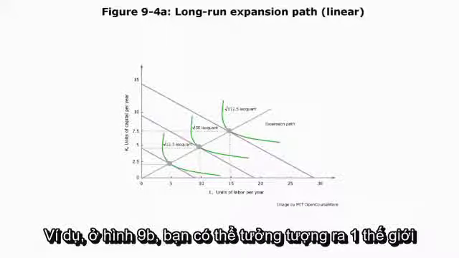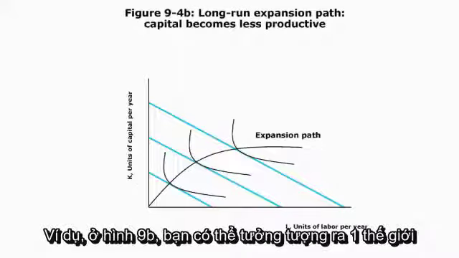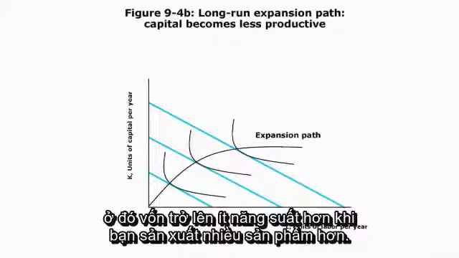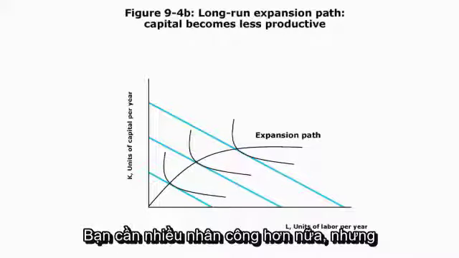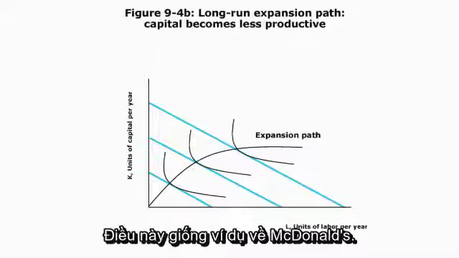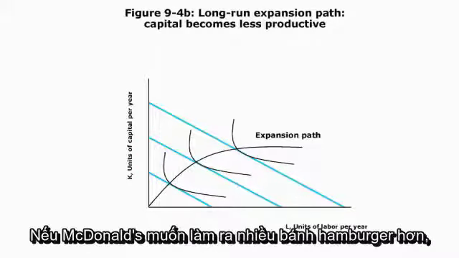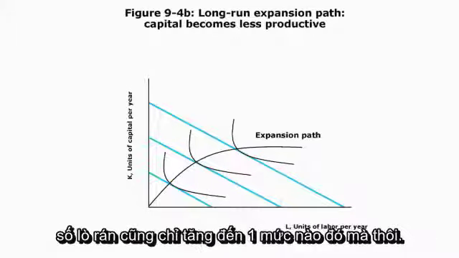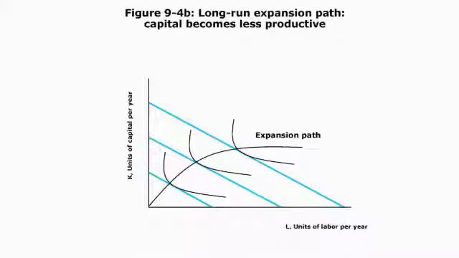For instance, in figure 9b, you can imagine a world where as you produce more units, capital becomes less productive. So you want more and more labor, but not that much more capital. This might be an example like McDonald's. If McDonald's wants to produce more burgers, there are only so many fryolators it can use. Ultimately, it needs more people to package up the burgers and sell them.